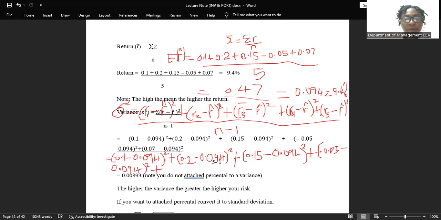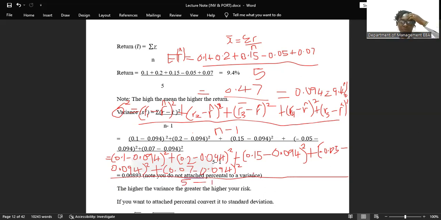We have what? R5. R5 is what? 0.07 minus 0.094. Okay. All over N is what? 5. 5 minus 1.